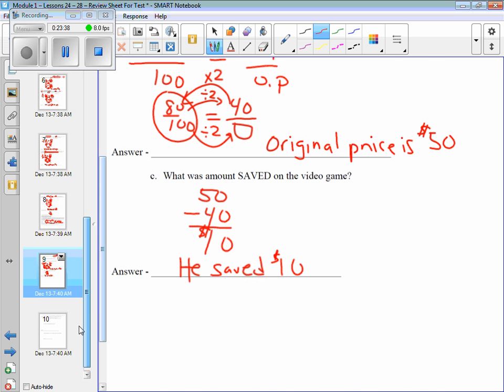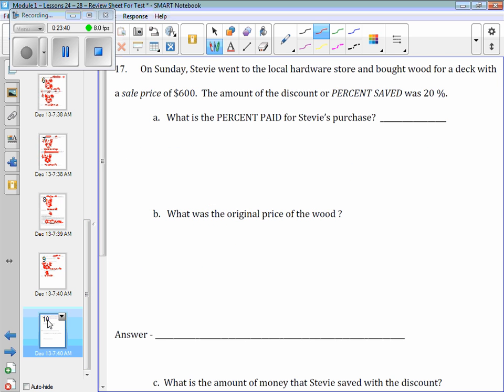Now let's take a look at the next one, which is going to use the same formula. All right, we need this. We need this. We're going to need this because percent paid is part of the formula that we have to use. So in this case, we have to realize, oh, if he's saving 20%, then the amount he's paying is 80%.